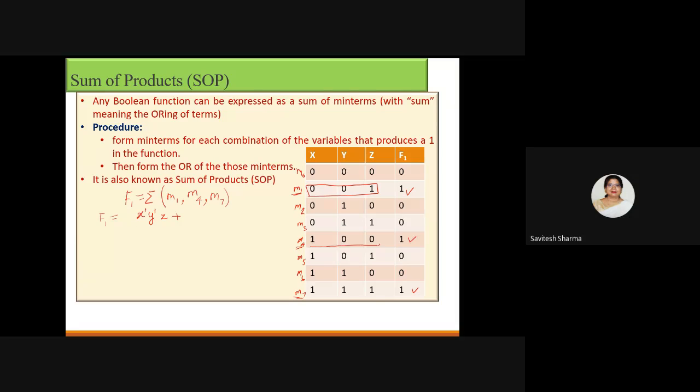So I will concentrate on this input combination. Here x is 1, so I will write x, y complement, z complement. In this expression three min terms are there, that means I need to write three terms. Now just see m7. m7 is x, y, z.